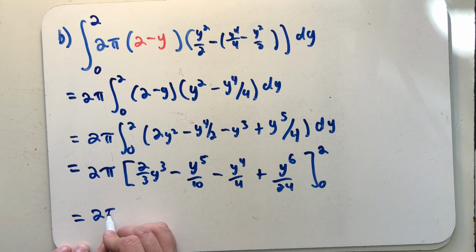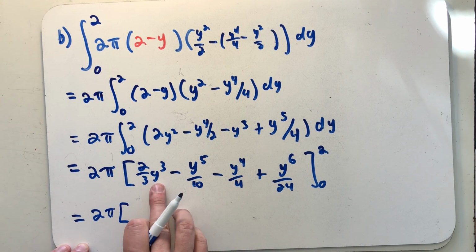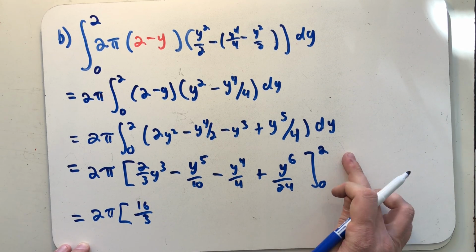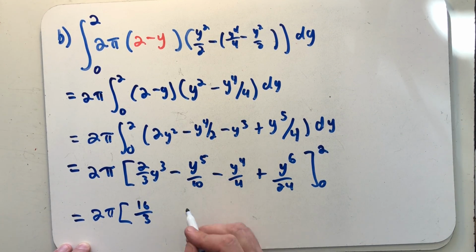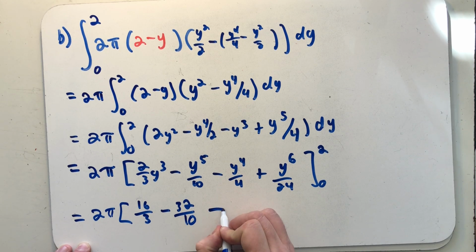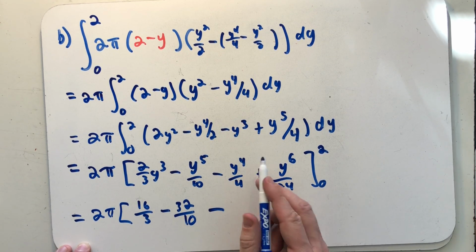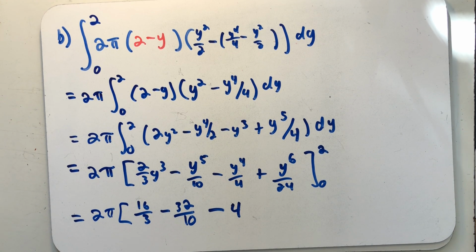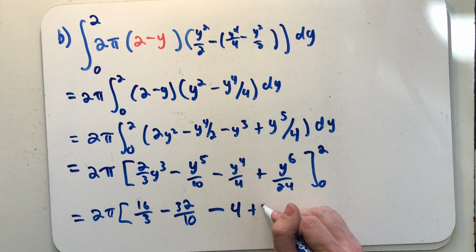That's going to be 2 pi times 2 to the 3rd is 8, so 16 thirds. 2 to the 5th is 32, so that's minus 32 tenths. That's going to be a 16 over 4, which is just a 4. And then finally, we have to think about 2 to the 6th, which would be 64.